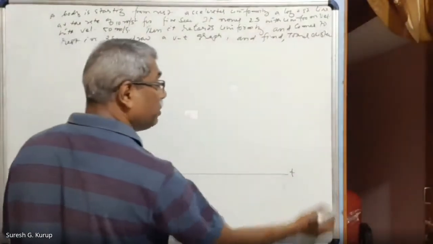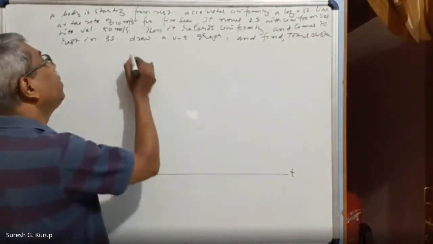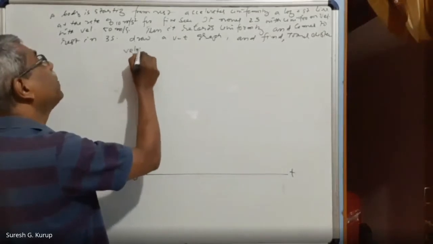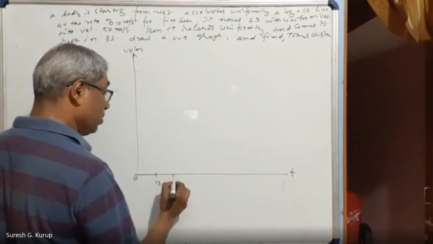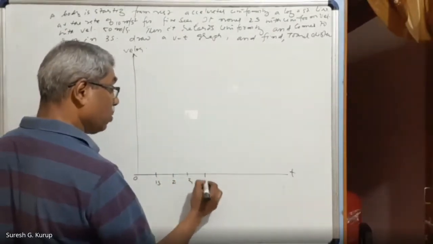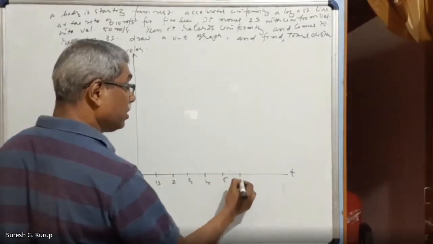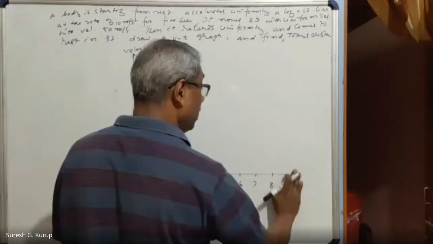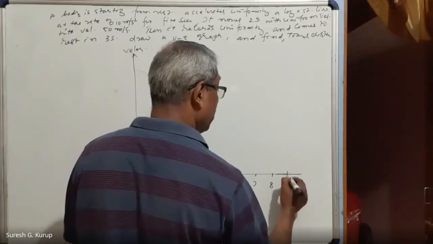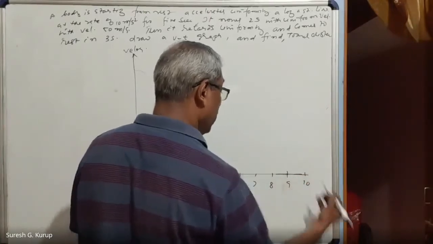In the velocity-time graph, time is along the x-axis and velocity is along the y-axis. Time: 1 second, 2, 3, 4, 5, 6, 7, 8, 9, 10 seconds.